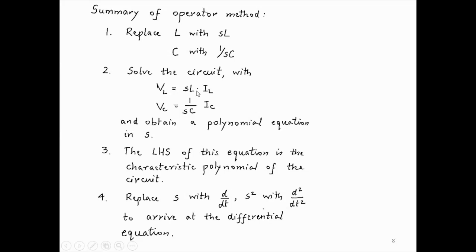So the derivatives go away, and once we solve the circuit with these, we get a polynomial equation in S. The left hand side of this equation, by the way, is a characteristic polynomial, which we'll come back to in a minute. Once we get this equation, we replace S with d by dt, S squared with d2 by dt squared, and we get back the differential equation. So this simplifies tremendously the derivation of the differential equation for any circuit.